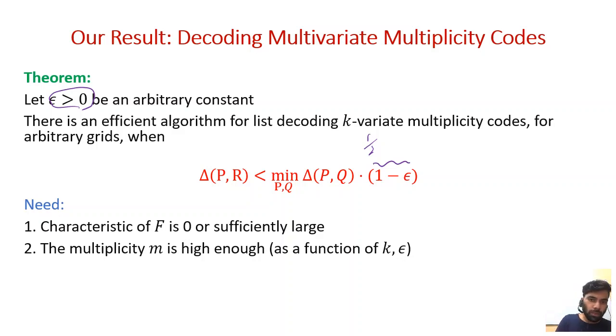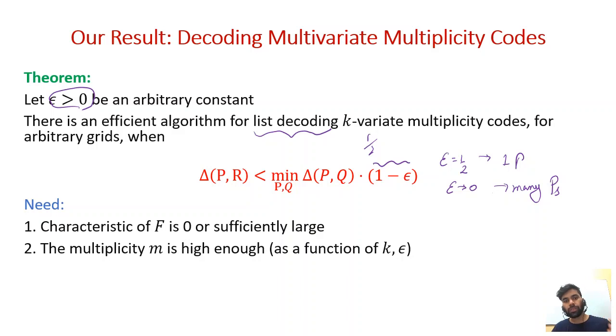Now, why is it being called list decoding? It is being called list decoding because when epsilon was half, you had a combinatorial argument saying that there is only one p which works. When epsilon becomes closer to 0, there might be many p's which work. There is no longer the combinatorial argument that only one p works.